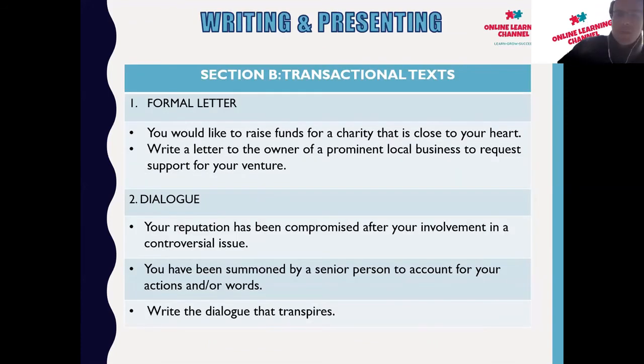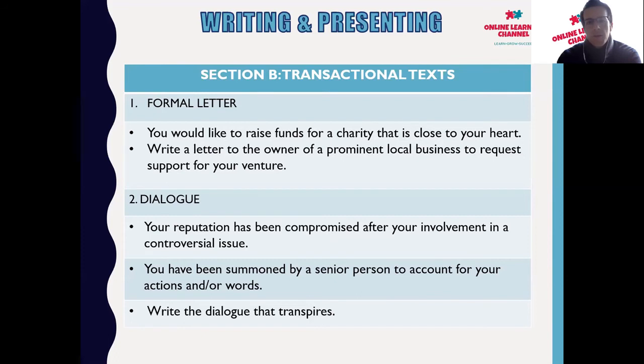Okay, so now when it comes to a formal letter, just a couple of guidelines as to how you can elaborate on a couple of points of content that would typically be brought across in a formal letter. You would like to raise funds for a charity that is close to your heart.